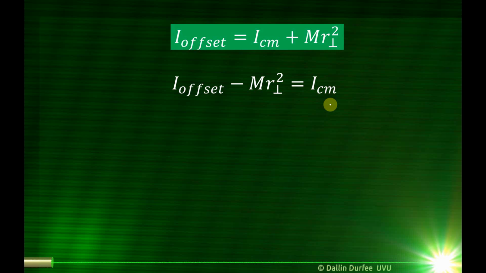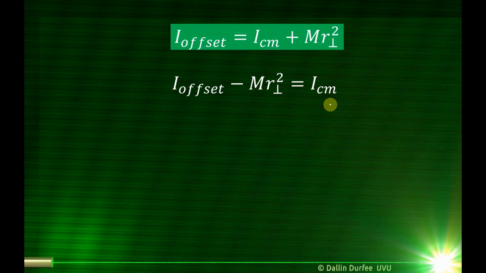Well, imagine I knew the moment of inertia about some axis A, and I wanted to find the moment of inertia about a parallel axis B. So this is only good for parallel axes, right? If I know the moment of inertia about the y-axis, I can't use this to find the moment of inertia about the x-axis. But if I know the moment of inertia about the y-axis, and I wanted to find the moment of inertia about some other axis in the y direction but displaced, for example, this would work.